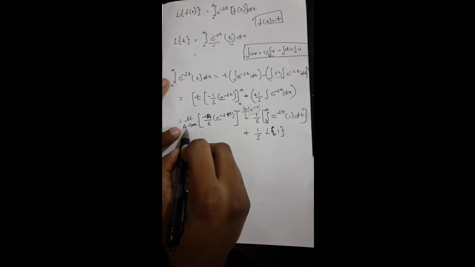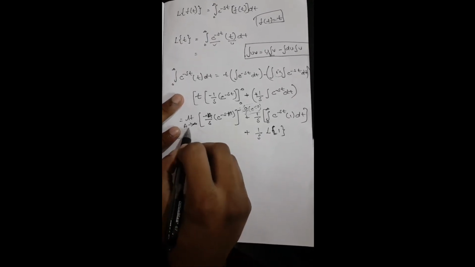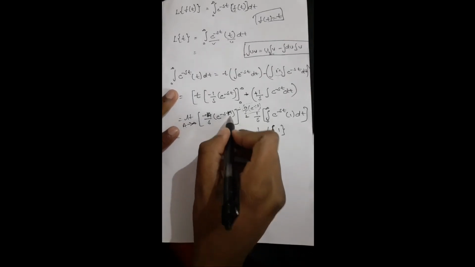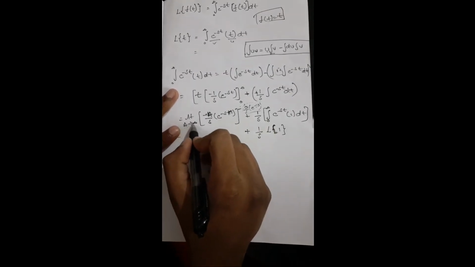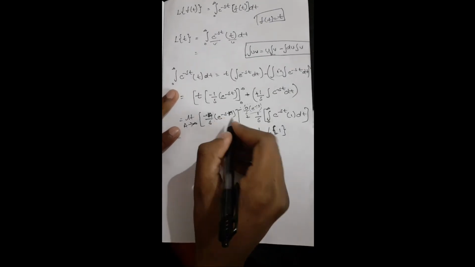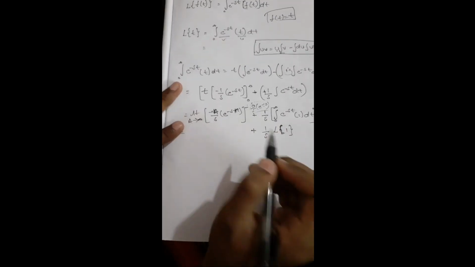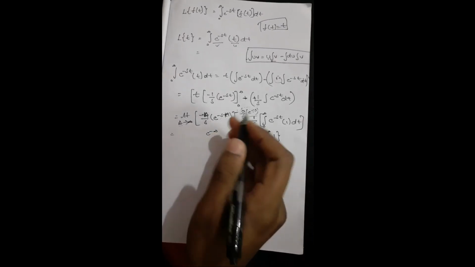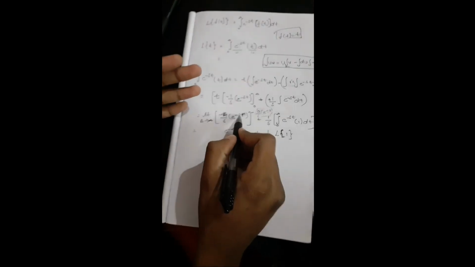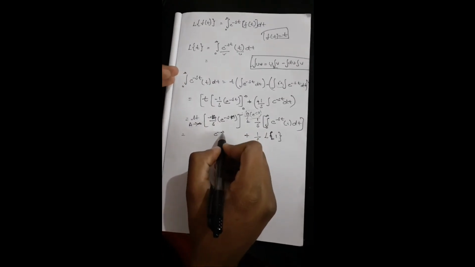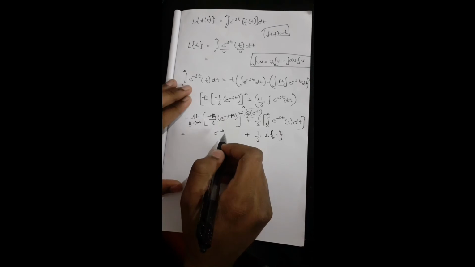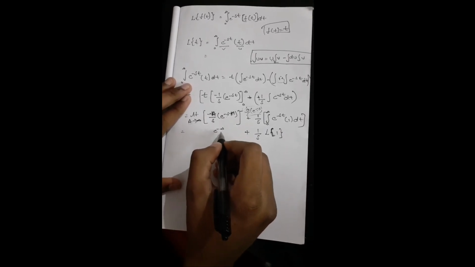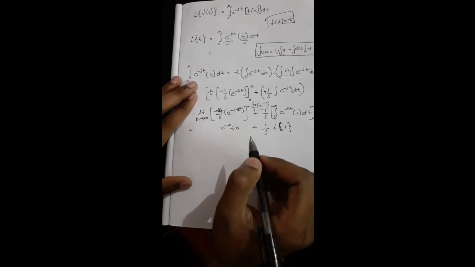So we are substituting this value here. As a tends to infinity, it is e to the power minus infinity, and multiplying s with infinity is also infinity. So e to the power minus infinity, as you all know, tends to 0.